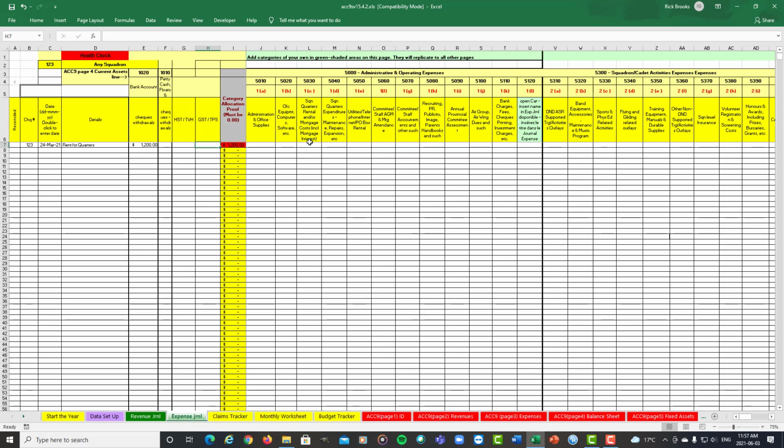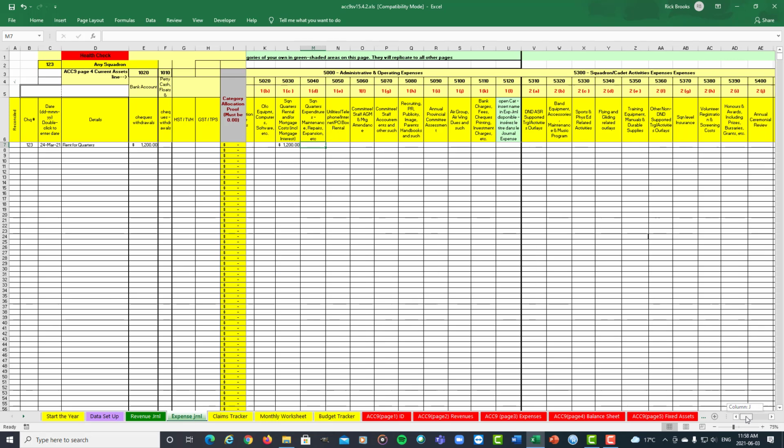So squadron quarter rentals is under 1C here, and we put in the $1,200 and instantly our category allocation proof gets repaired. Again, spend some time learning all the different categories.